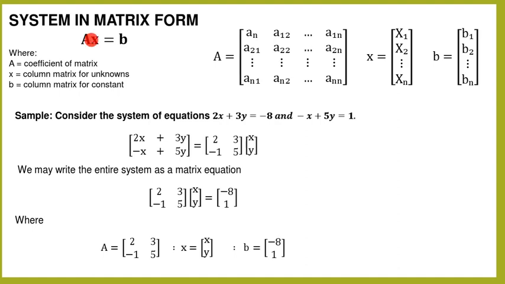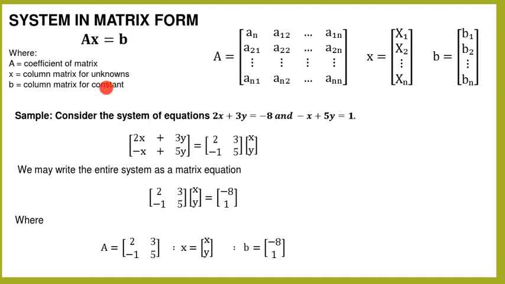We have here an equation that is Ax is equal to B. So A here is our coefficient of matrix. We have here the x. This is the unknown variable. And the B is our column matrix constant.